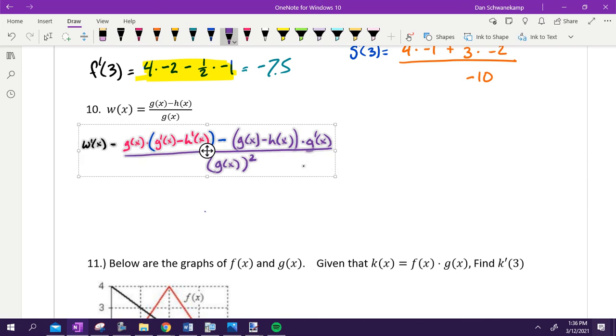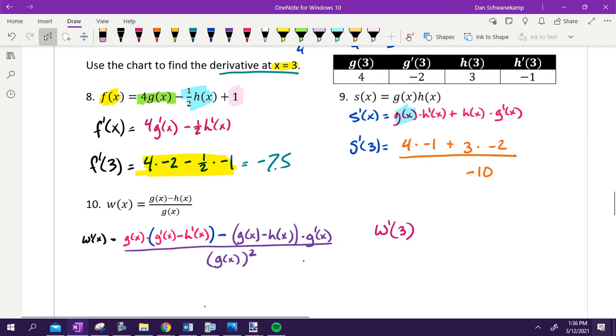You might not be great yet. All right, so now we are going to do w prime at 3. So all I'm doing is I'm using my table up here and plugging in. So g of 3 is 4 times g prime minus h prime, so it's minus a negative, minus g at 3 is 4 minus h is 3, negative 2.